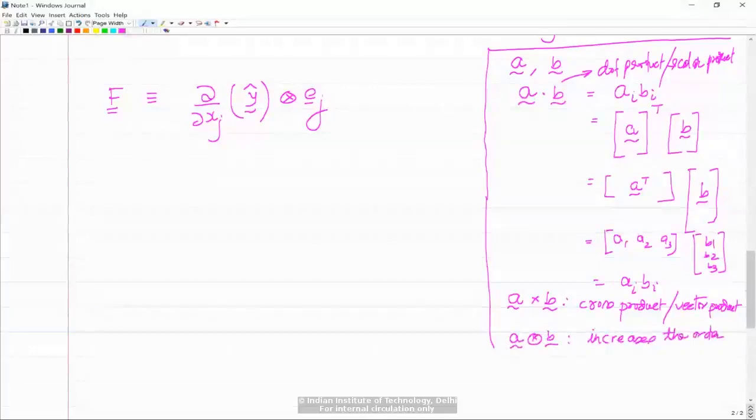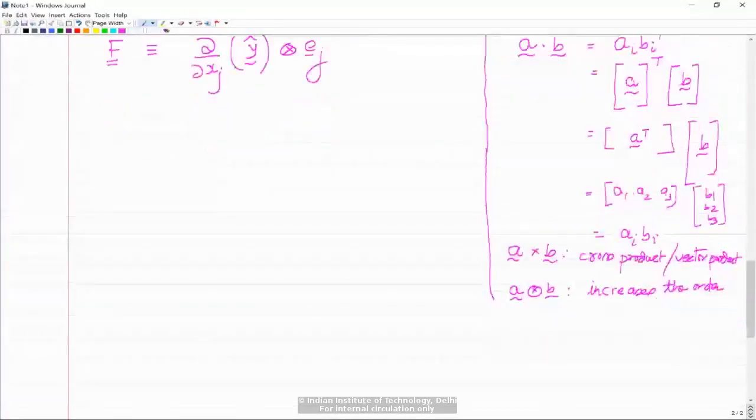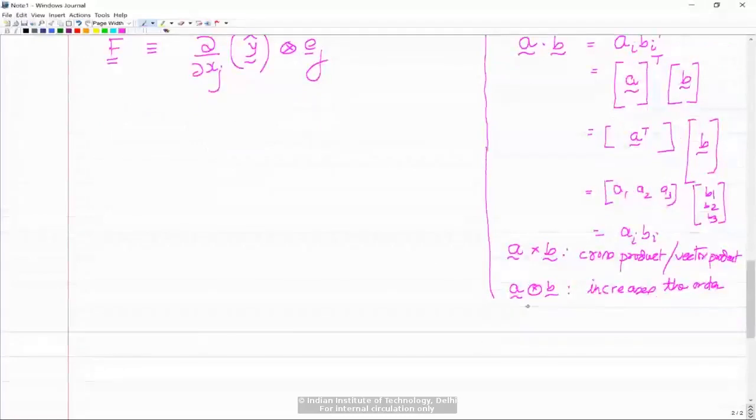And if you want to denote this, let us say this is equal to C, then in the matrix form, the second order tensor is going to become a matrix, and it is the column of the first times column of the second, but now the second one is transposed.